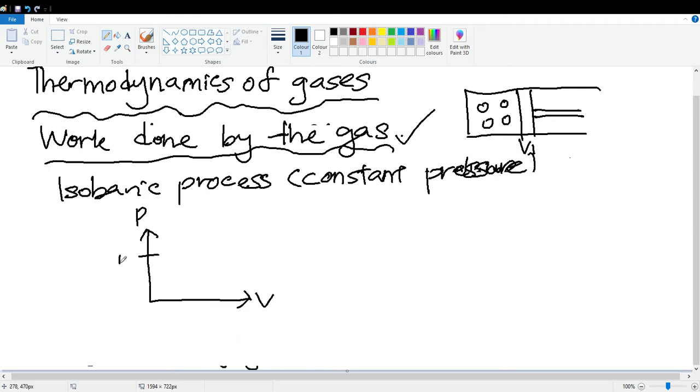Let's say this is my P. What we get is a straight line. From this condition, the P is constant, as for V it is changing. Let me write a triangle on this V. The temperature is also changing. V is obviously changing since the straight line moves from V1 to V2.